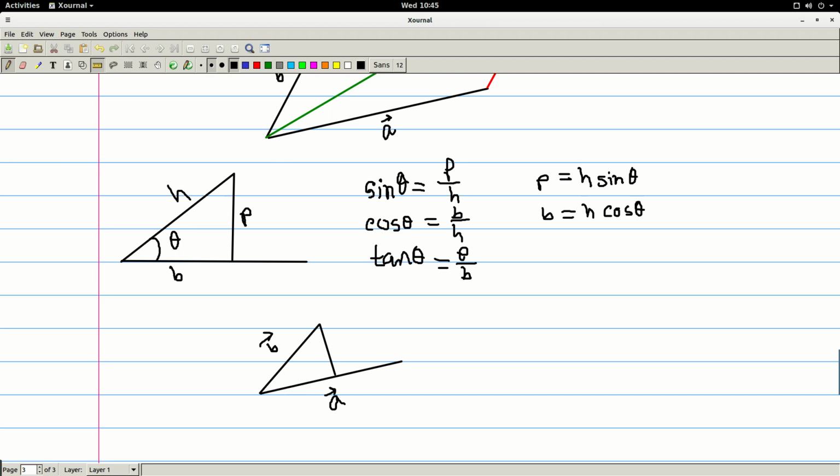So if you understand this part, that B is equal to H cos theta, help me out in this scenario with A and B vectors, and let us use a similar label over here. Let me just call this one theta as well. Okay. How can I find out the length from here to there?